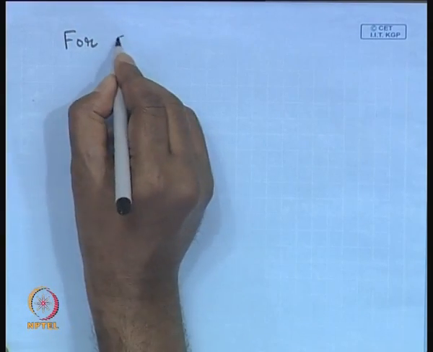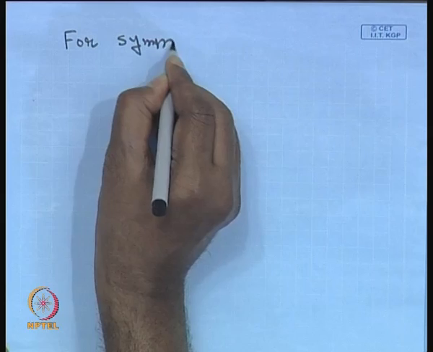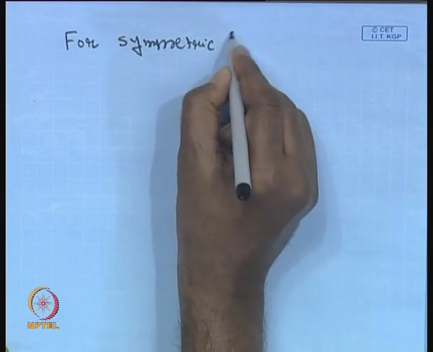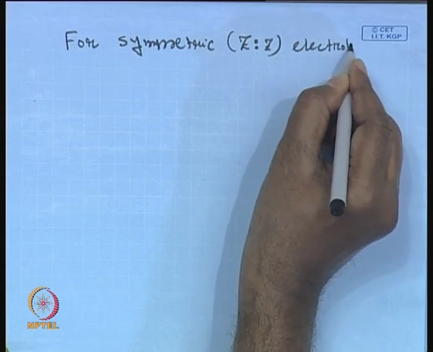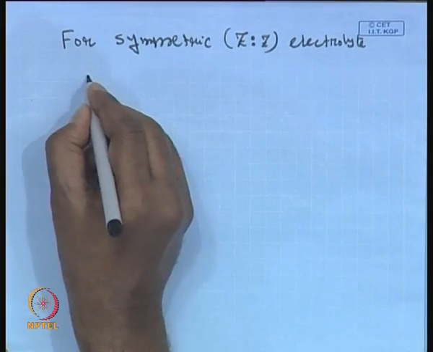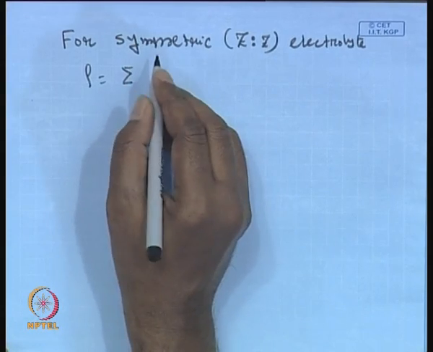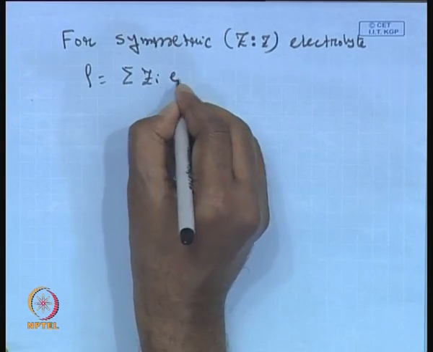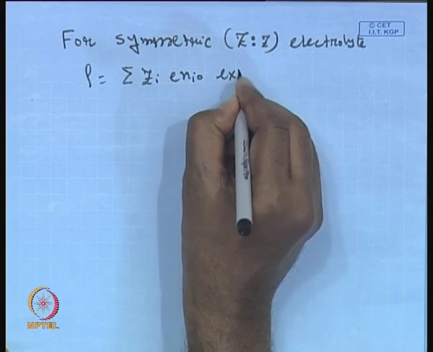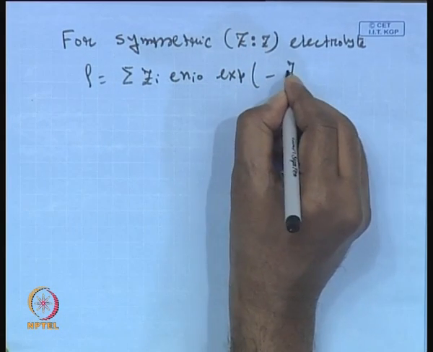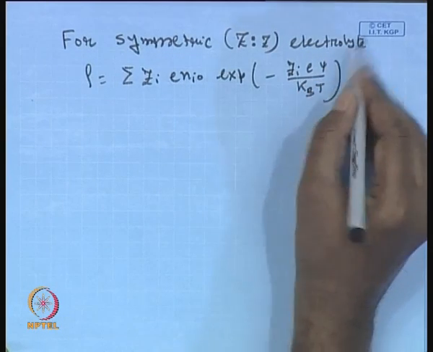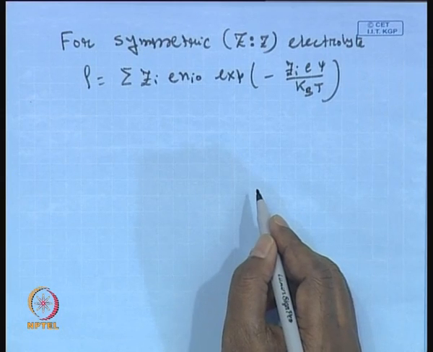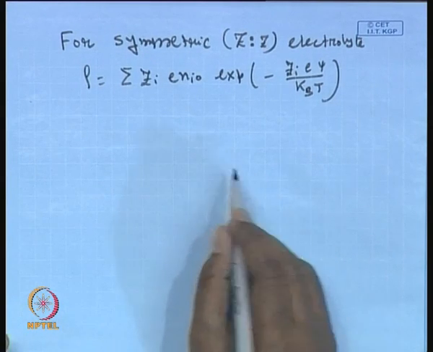So, for a symmetric electrolyte, rho is summation of Zi e Ni naught exponential minus Zi e psi over kBT, where this psi will be a function of distance at every location.